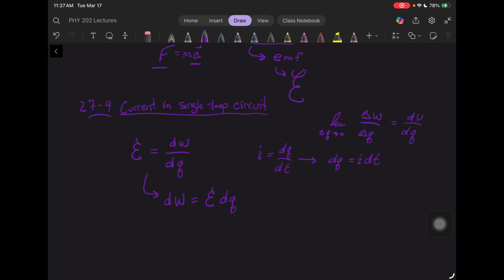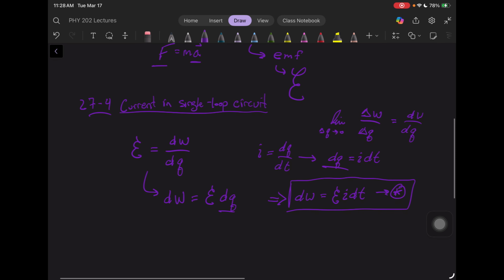Right, so we have an idea of where we're going, right? And so if we want, we can go ahead and plug in dq here, and we get dW is equal to E times I dt. Okay, and we'll put this equation off to the side for a second.